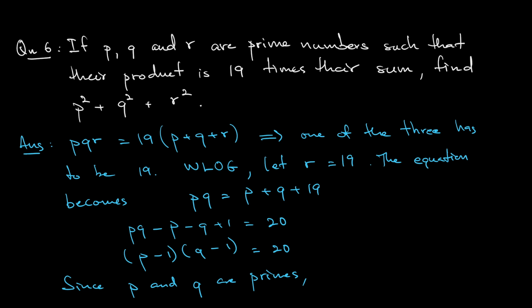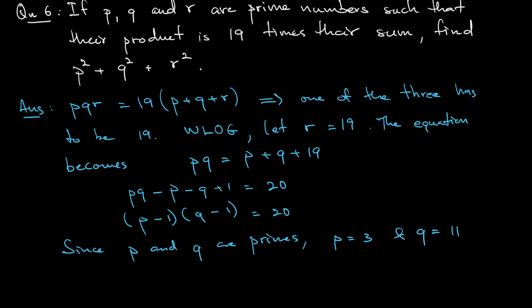So P minus 1 is equal to 2, meaning that P needs to be equal to 3. Q minus 1 is equal to 10, so that means that Q is equal to 11. And of course, if you do the other way around, meaning 10 times 2, you will get P equal to 11 and Q equal to 3. It's the same thing, okay?